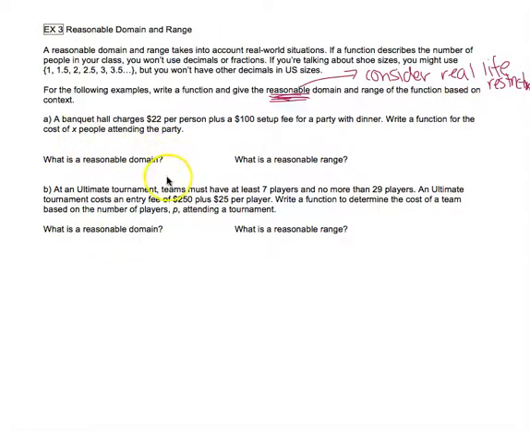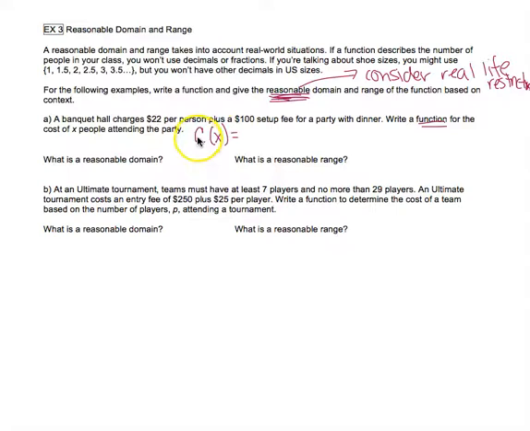So part A, a banquet hall charges $22 per person plus a $100 setup fee for a party with dinner. Write a function for the cost of x people attending the party. Writing the function, and it does say function, so that means function notation. I'm going to call my function C of x because it says x people attending the party, so x needs to be my main variable.